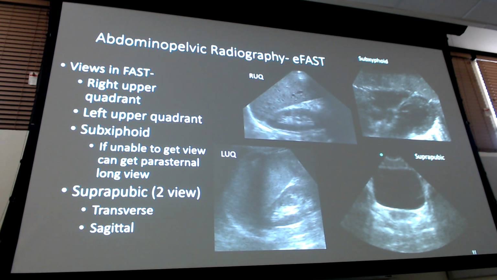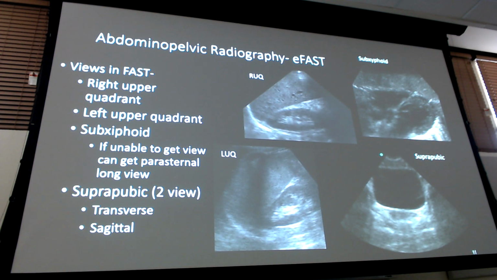We'll go normal first. Subxiphoid view, which means we're looking at what? Heart. But this isn't my M mode, right? I'm just looking at the heart. I'm not looking to evaluate the valves. I'm not looking at the functionality of this. I'm looking for fluid within the pericardium. Here's my pericardium, right around the heart.